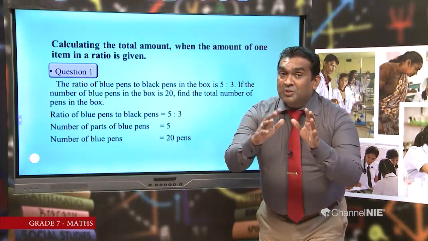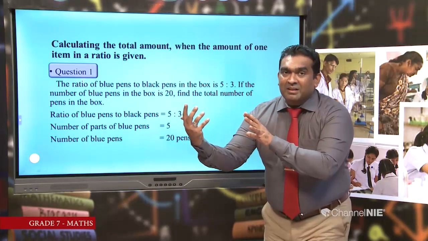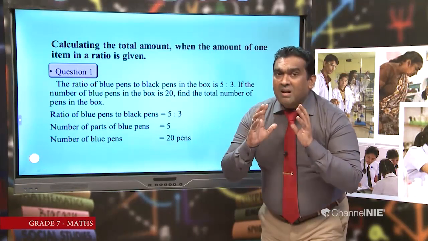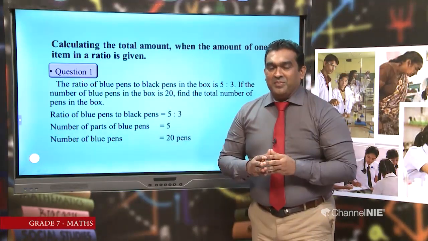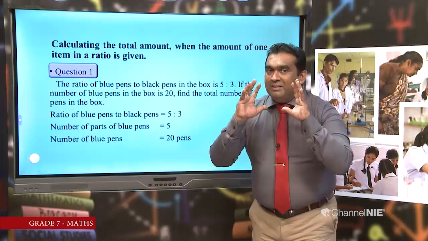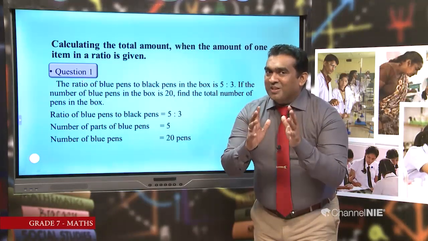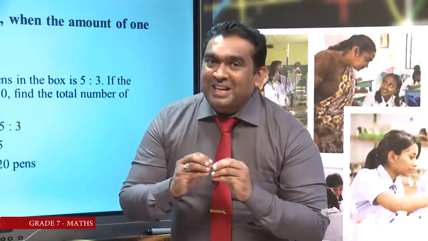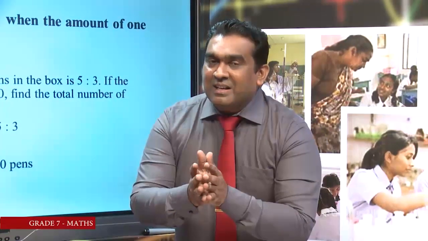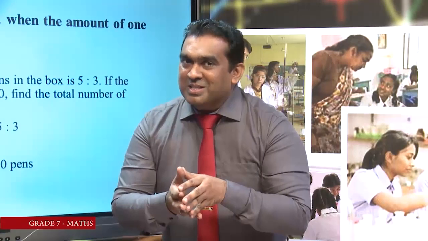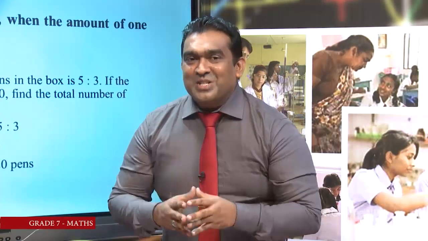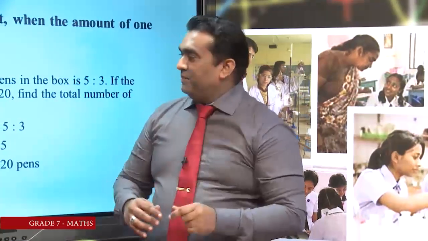How to convert 2 into 10? Considering the multiplication, 2 multiplied by 5. Understood that? In this situation, definitely you have to understand the relationship between the given numbers. It means the numerical relationship. We will see it.